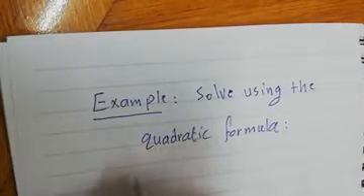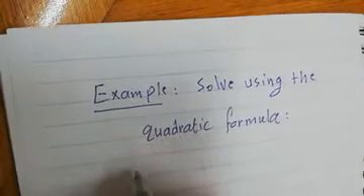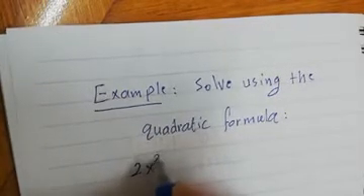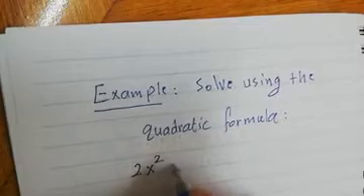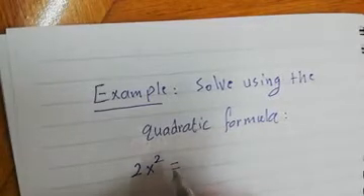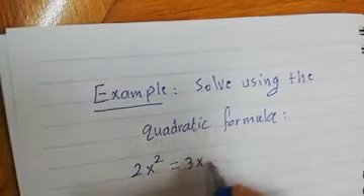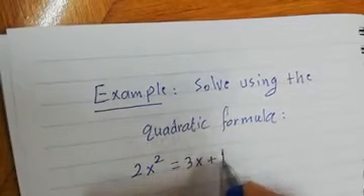I will give you this equation. It will be 2x squared equal 3x plus 1.